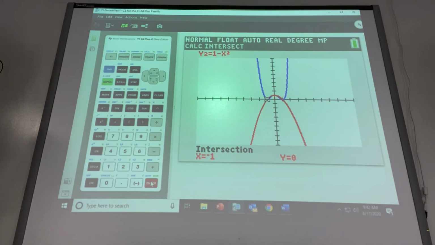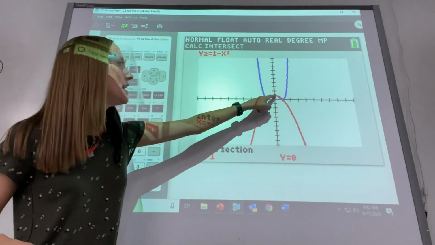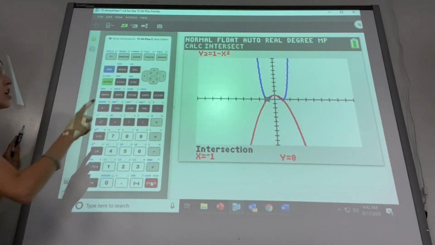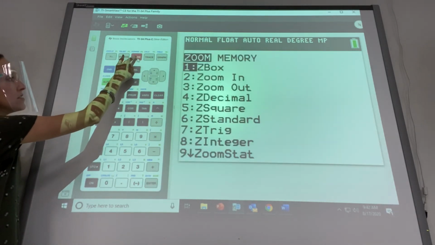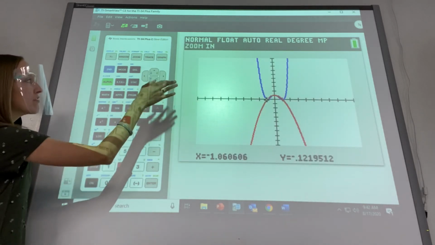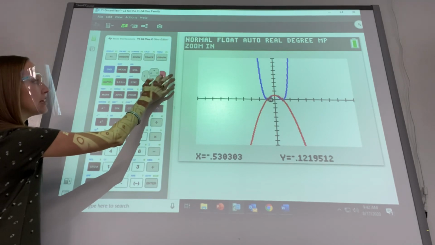Now I'm going to do the process all over again for the point of intersection in the middle. If you're not really seeing it very well, you can zoom in. So zoom, option 2, wherever your cursor is, that's where it's going to zoom.